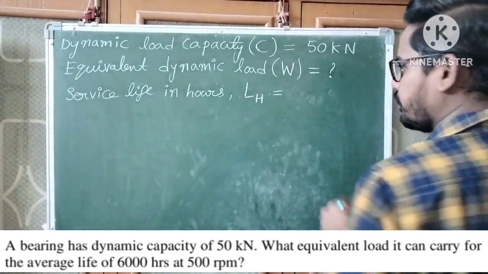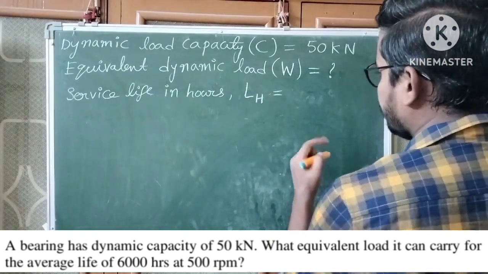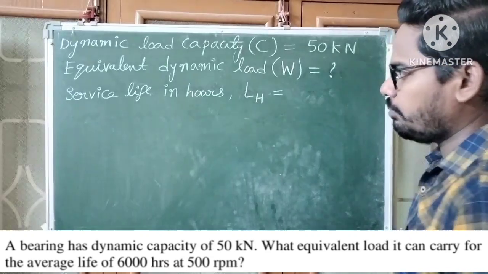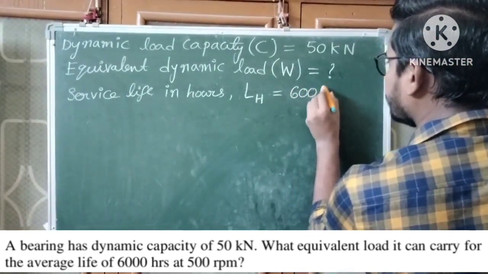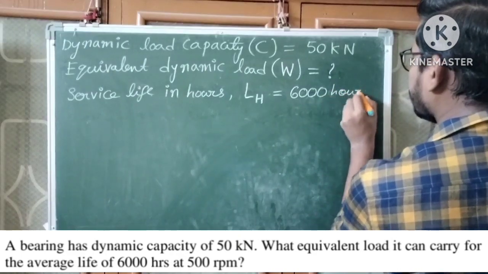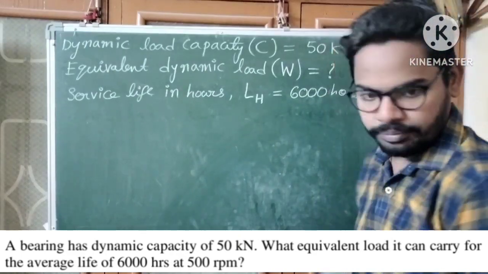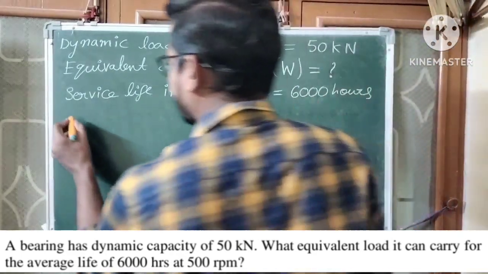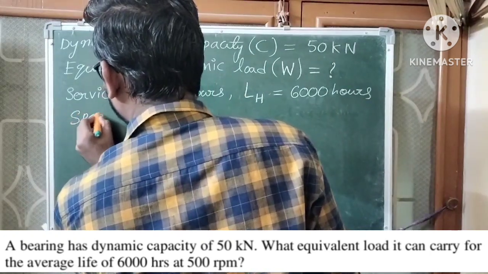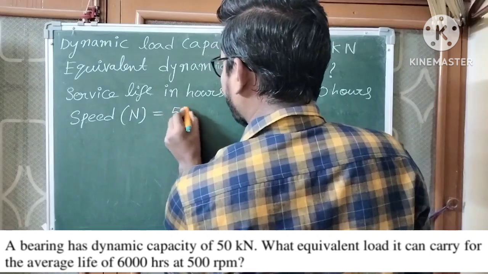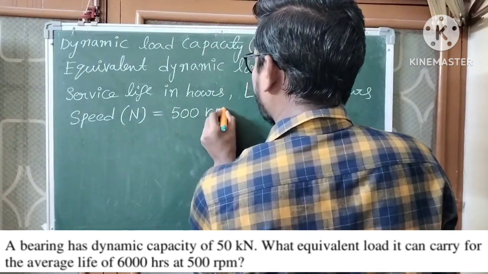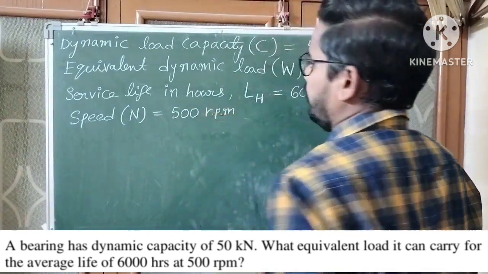Service life of a bearing is generally measured in hours or revolutions. LH is 6000 hours. Next, the speed of the bearing, denoted by capital N, is equal to 500 rpm, revolutions per minute.